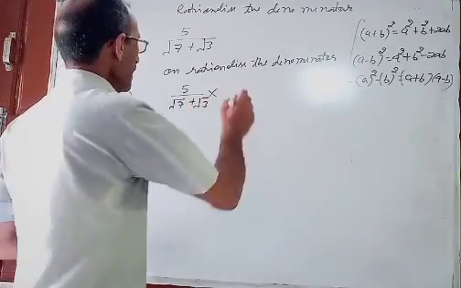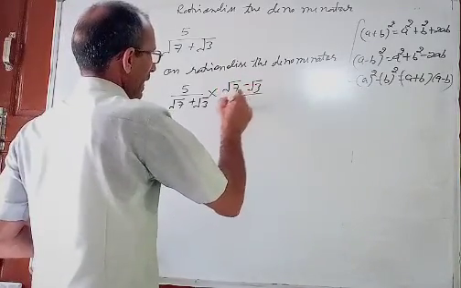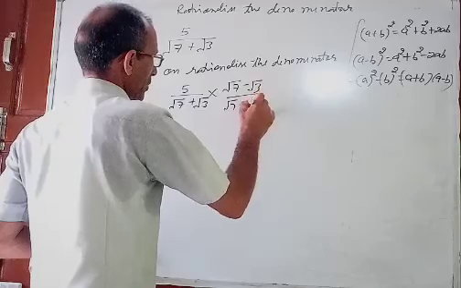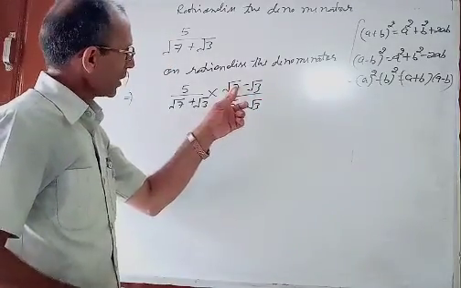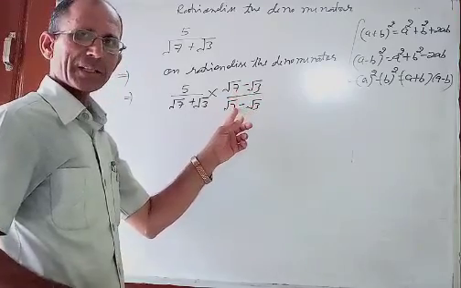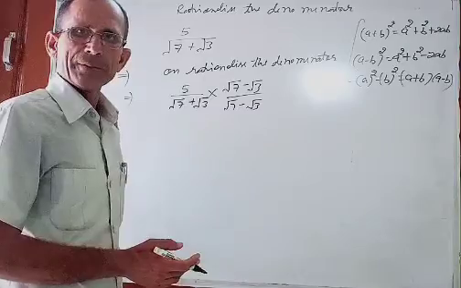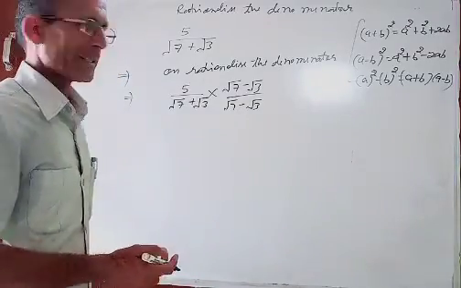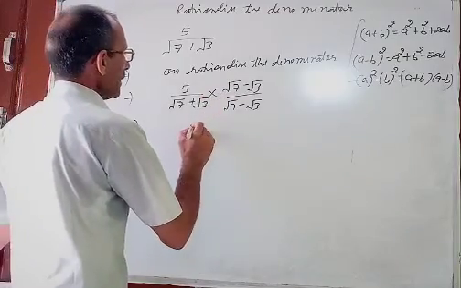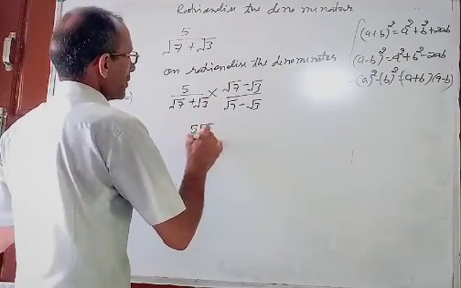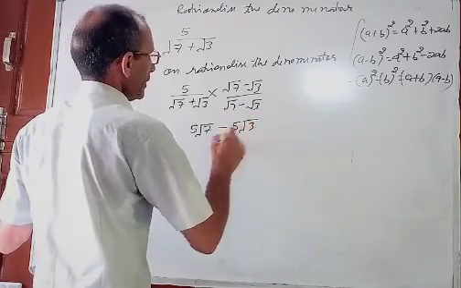Sign is plus, so I will change the sign and write root 7 minus root 3. There will be no problem, because root 7 minus root 3 will cancel by root 7 minus root 3, so there will be no change in the statement. It will remain as it is. Now 5 multiply with root 7, 5 root 7 minus 5 root 3.